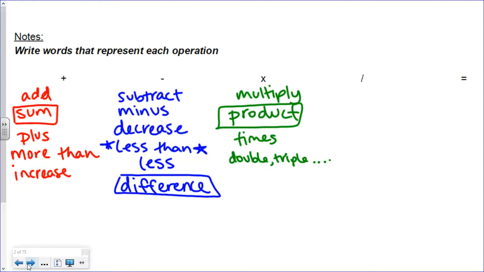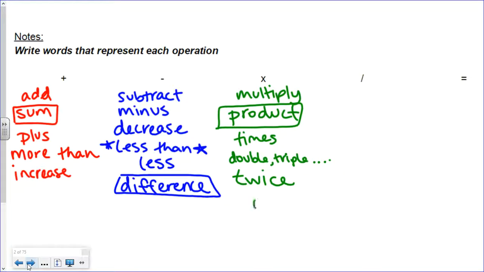Squared is actually multiplying by itself, so a little bit different. Correct. Another word that means to multiply by 2. Starts with a T. Twice.